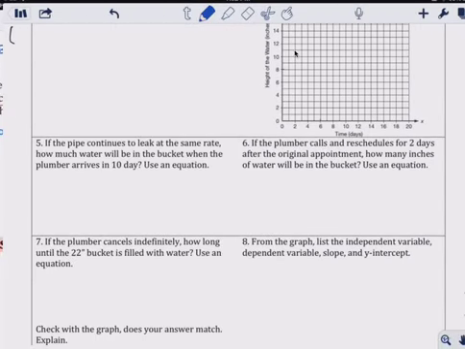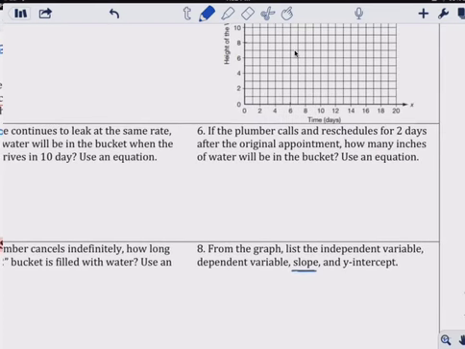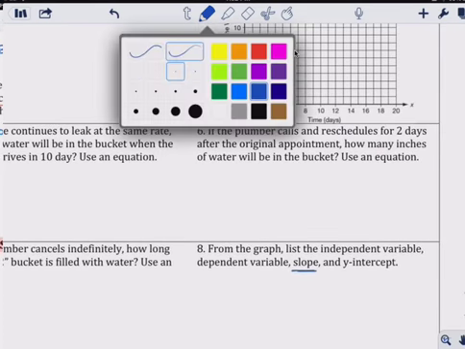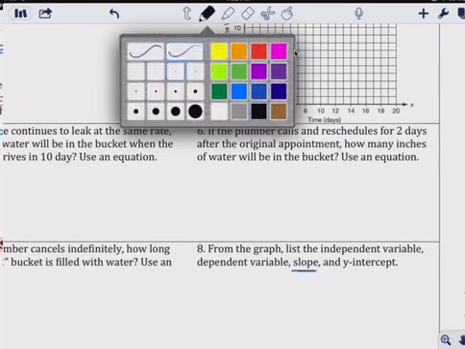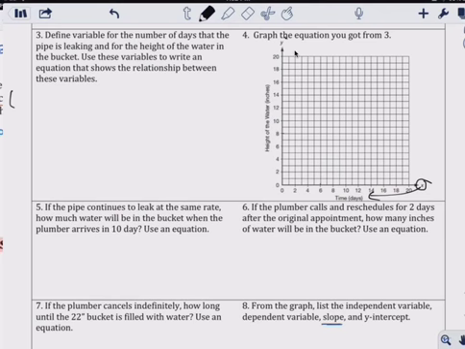I think it asks its definition here. Find from the graph, list the independent, slope. Oh, here we found slope. Oh, the independent, remember, is this one here, x, time in days. The dependent, the y, is height of water.